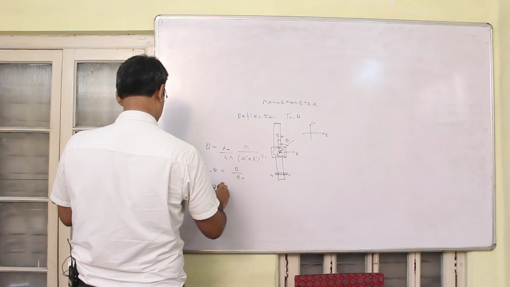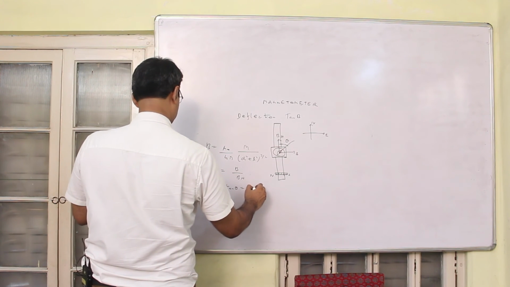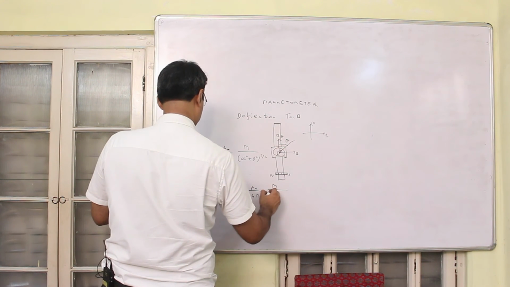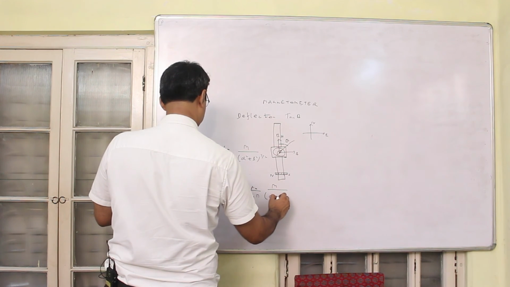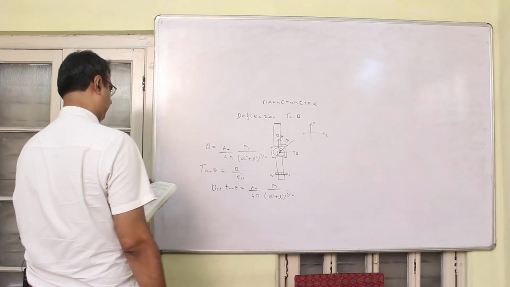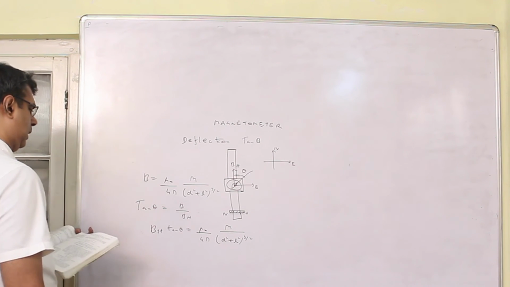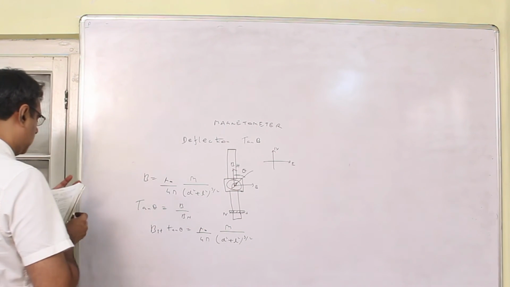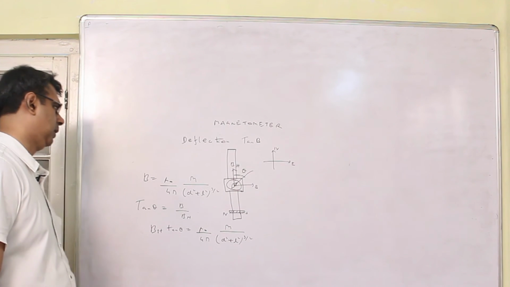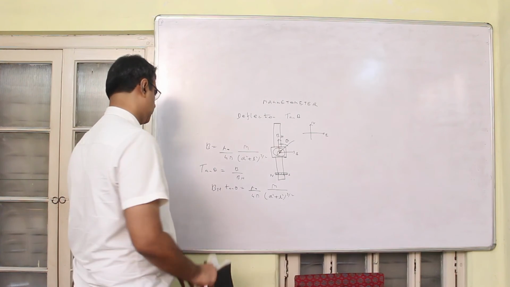So BH tan theta is mu naught by 4 pi M divided by (d square plus L square) to the power 3 by 2. So once again all the parameters are known to us, and we can easily find out capital M, which is the magnetic moment of this particular bar magnet. So this is deflection magnetometer in the tan B position.